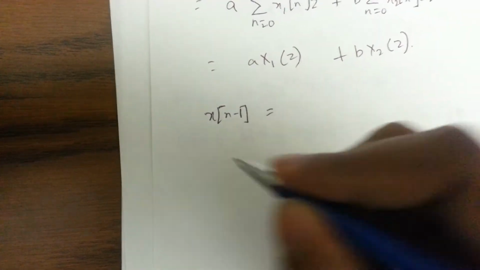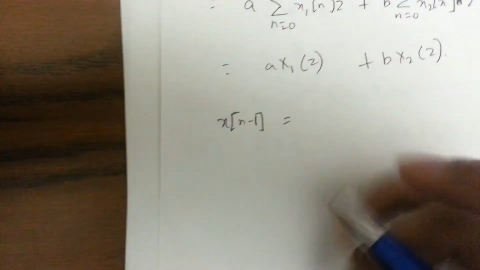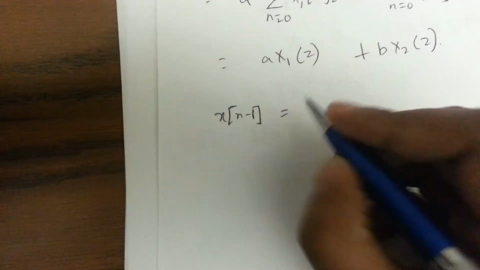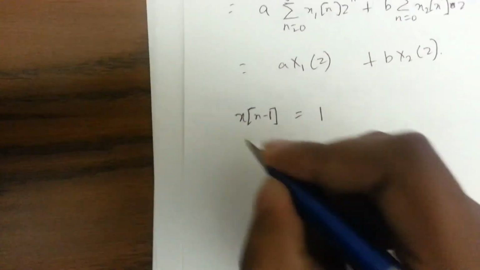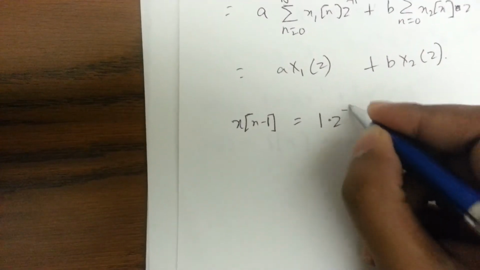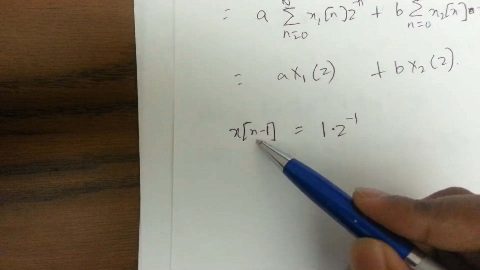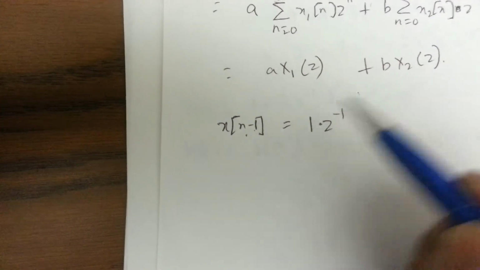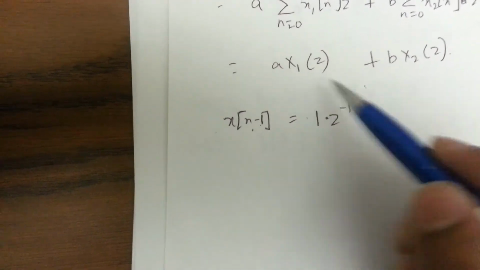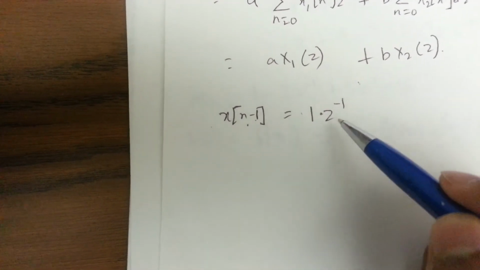When you convert this to the z domain, this is basically the same thing as saying this is a coefficient of 1 times z to the minus 1, correct? In this case k is 1 and the coefficient is 1, so this is basically the delay.